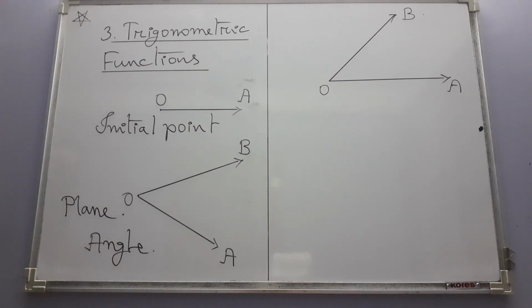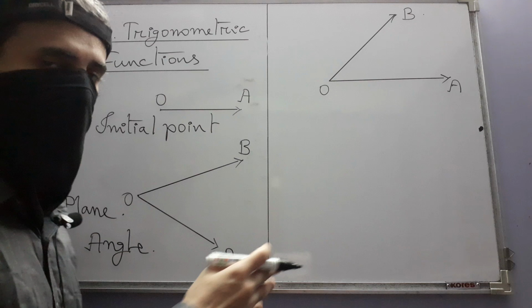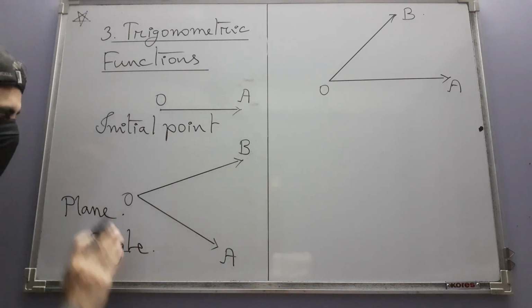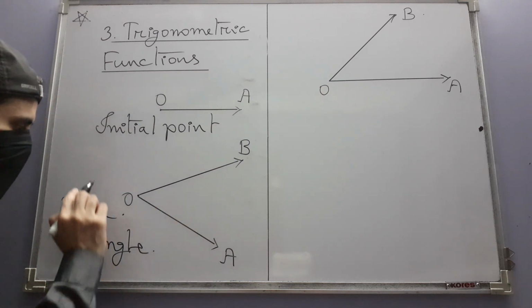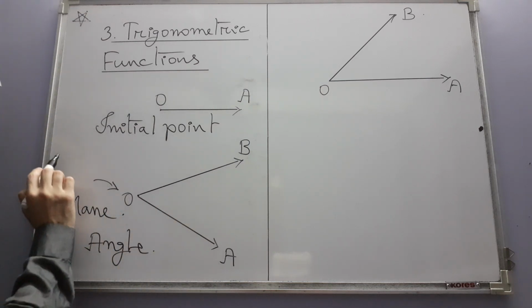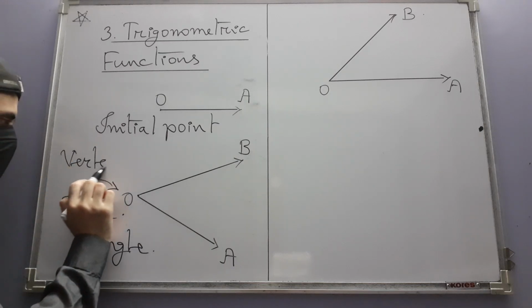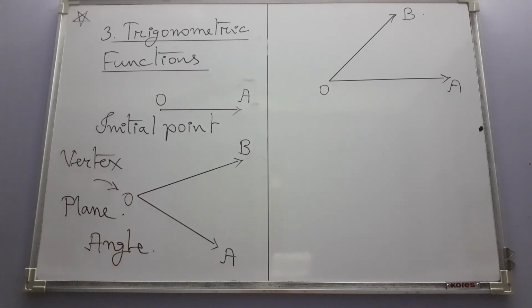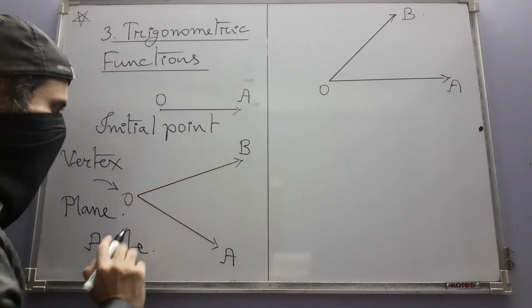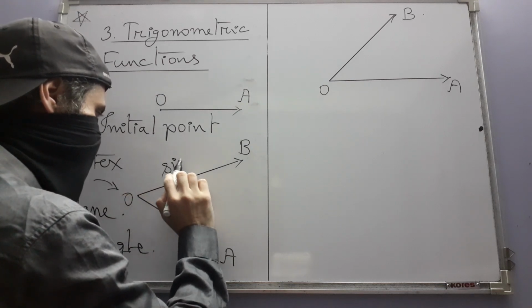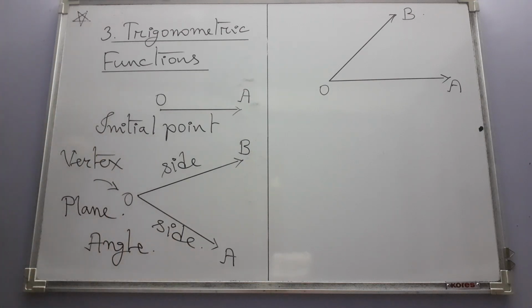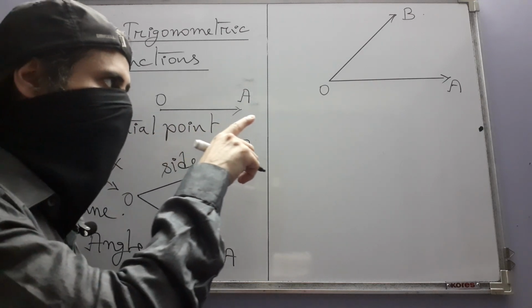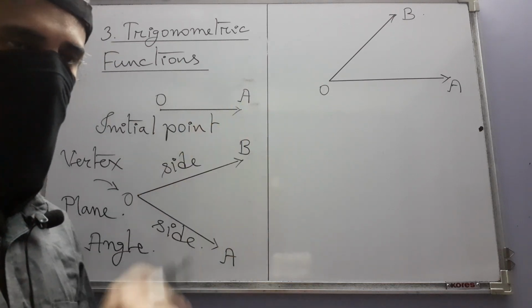Before I say what we can do with this, there are further names that have been given to the individual components of an angle. This common initial point is also called the vertex of the angle. And the individual rays are called sides of the angle. So this is one side, this is another side. One of the two sides we have drawn here horizontally, and the other side looks like that.